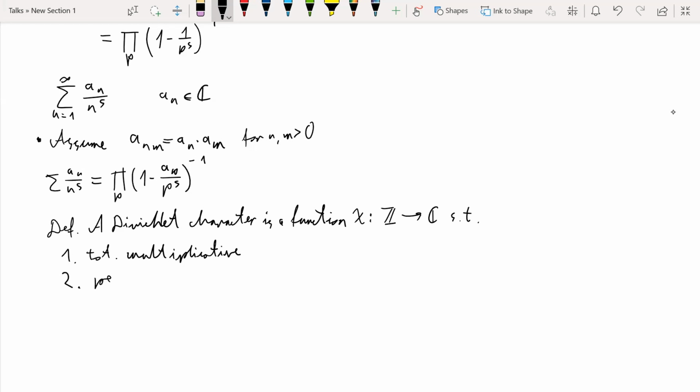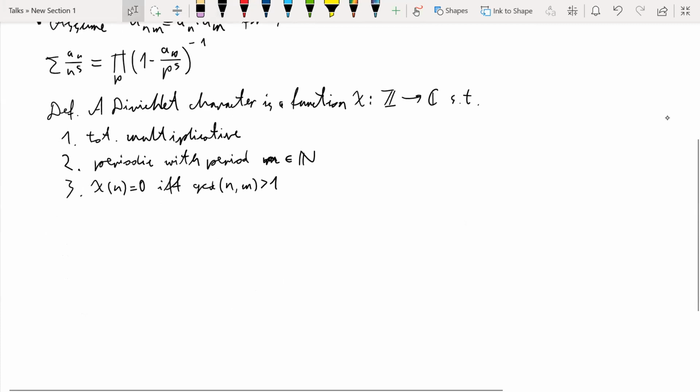It is periodic with period m, which is some natural number. And we also have one extra condition, namely that chi of n is equal to 0 if and only if the GCD of n and m is greater than 1. So this function is non-zero precisely on numbers which are coprime to this period m. We just call it the modulus. So this is called the modulus.